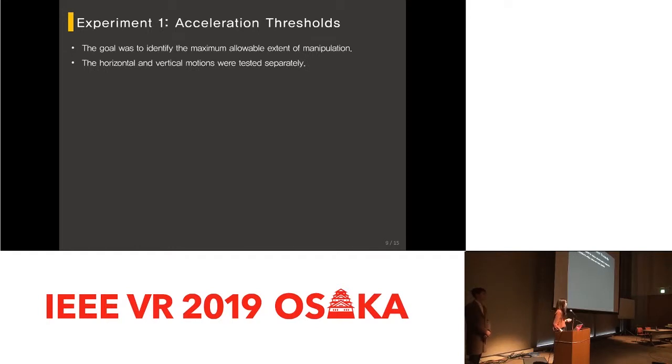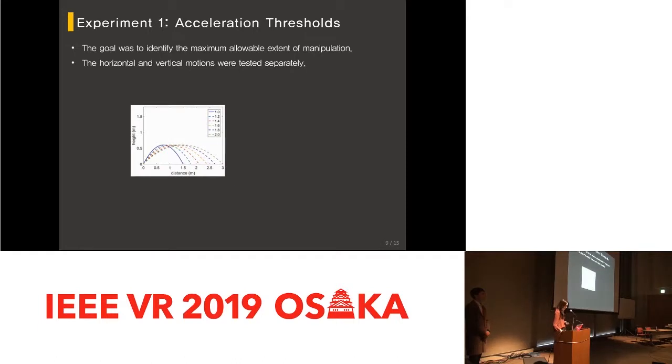In the experiments, we tested the horizontal and vertical motion separately. Let's take a look at the horizontal motion first. If a user jumps 1.5 meters, the jump is manipulated by 1.2, 1.4, and so on to make 6 test jumps.